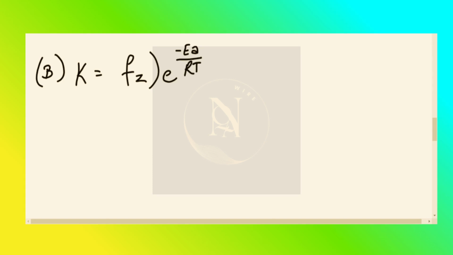So I'll start this question by solving part B and C first and ending with part A. So starting with part B, since we know the formula K equals Fz E raised to power negative Ea by RT, in this case the value for Fz is the same as given.